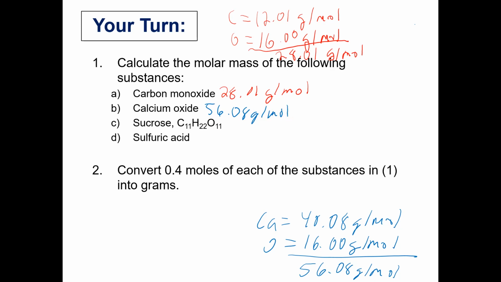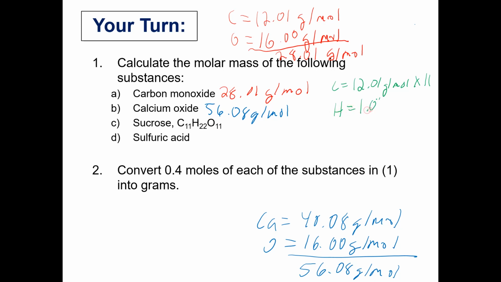Let's try sucrose here. So if we have sucrose, we know that carbon has a molar mass of 12.01 grams per mole. And in this case, there are 11 of them, so we have to multiply that by 11.